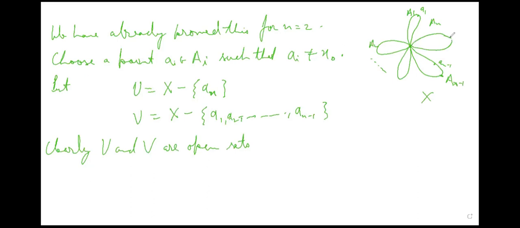This portion you can slowly shrink to this point, and this one you can shrink to this point. After shrinking you get A1 union A2 and so on union An minus 1; this An will not be there. It means that this U deformation retracts onto A1 union A2 union and so on up to An minus 1.